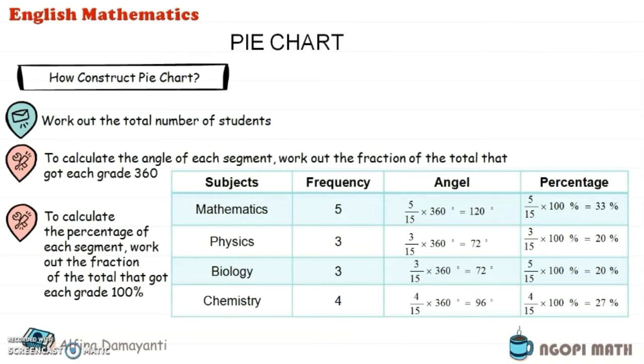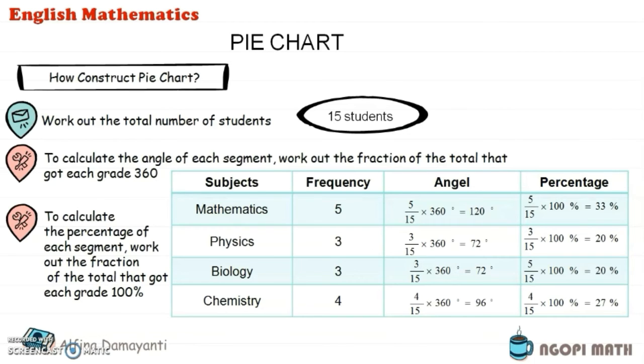How to construct a pie chart? Procedure to construct a pie chart. First, work out the total number of students. In our research, we have 15 students. Second, to calculate the angle of each segment, work out the fraction of the total that got each grade times 360 degrees.